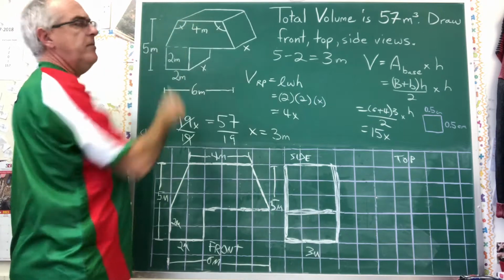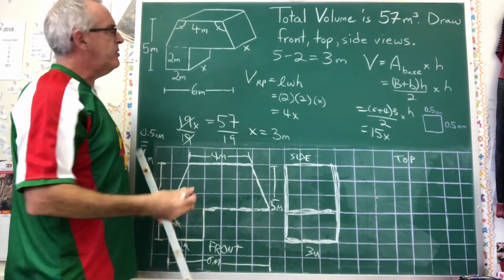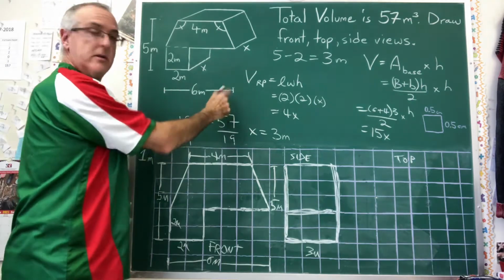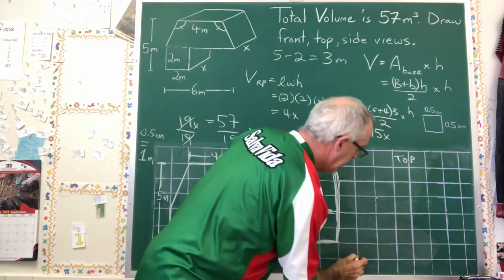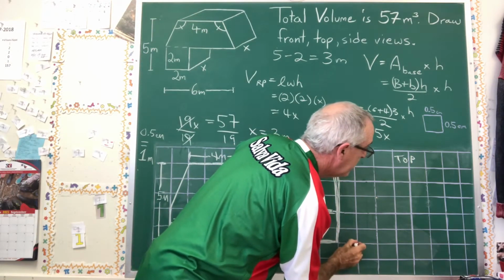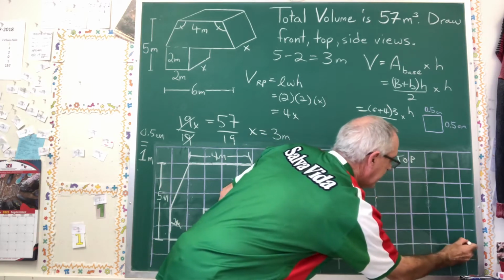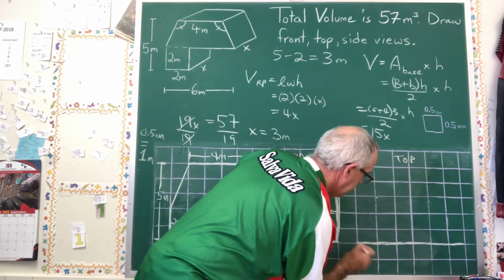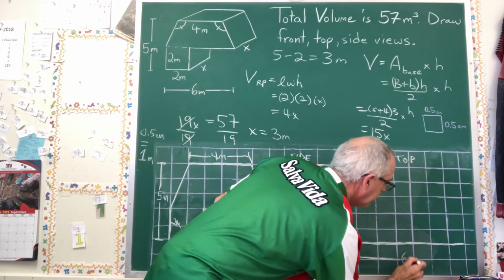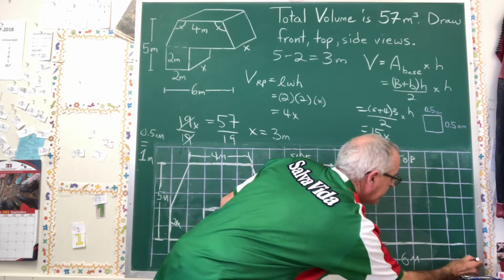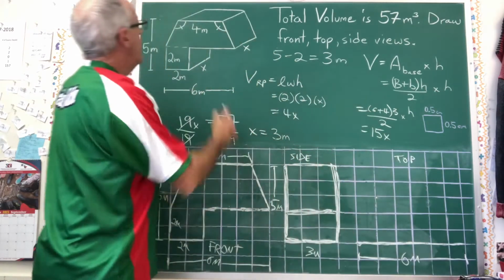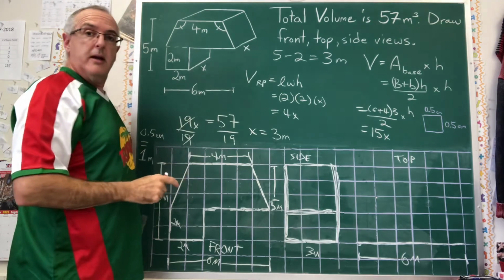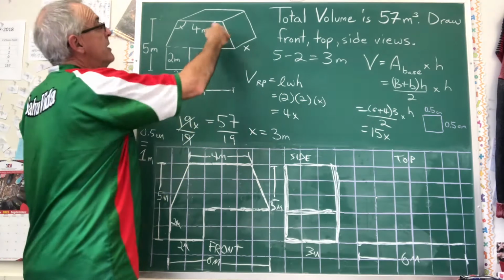So we're seeing the top of this isosceles trapezoidal prism. It's going to be 6 meters, therefore 6 squares in length. So I'm going to do that. Just barely fits. And I'll label it right away. And it's going to be x meters across.